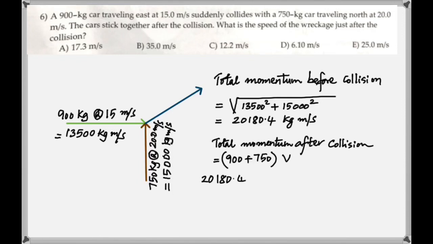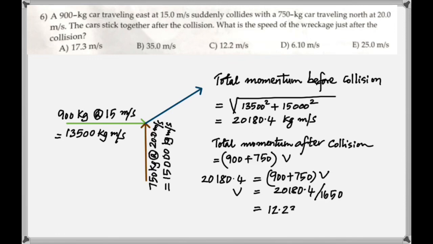Now, since the total before should be equal to the total after, we set them equal to each other. So before is equal to the momentum after. And then solve for the velocity. We get 12.23 meters per second.